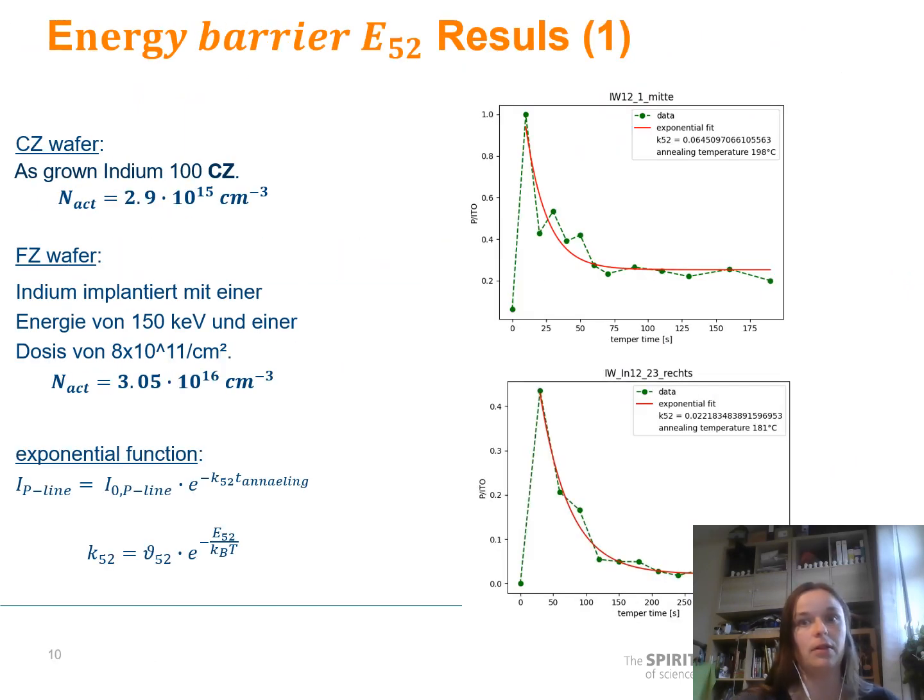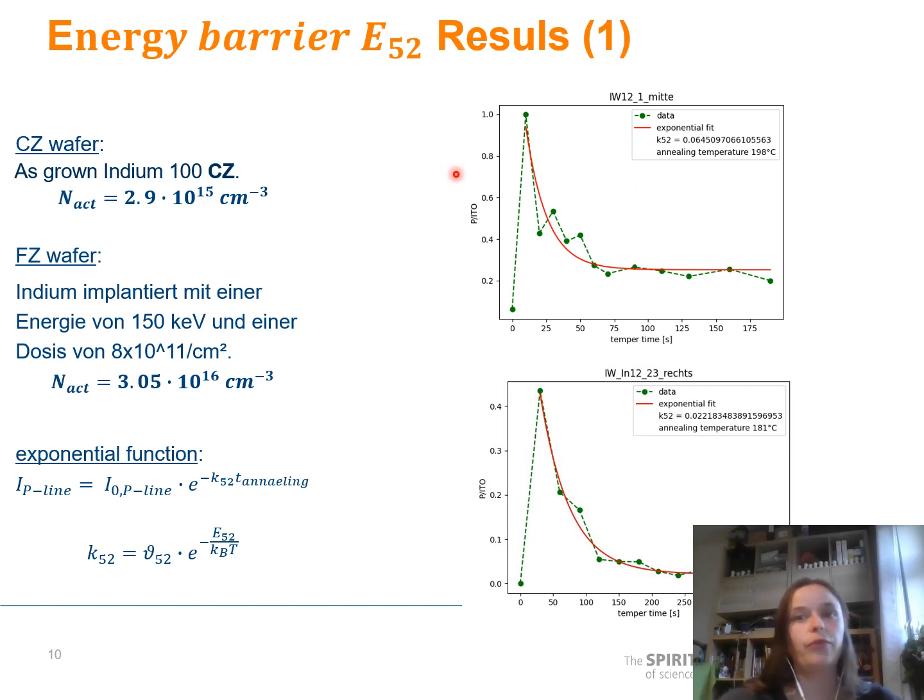Next, we quenched indium-doped float-zone and Czochralski silicon samples, illuminated them for at least 2 days at 40 degrees Celsius, and then annealed them stepwise at different temperatures. Subsequently, we measured the P-line.